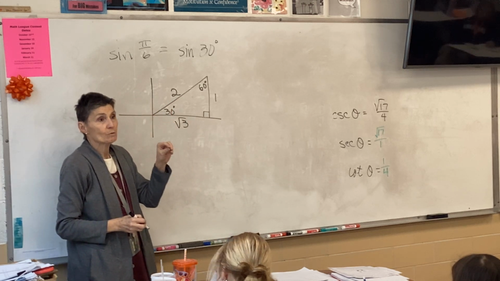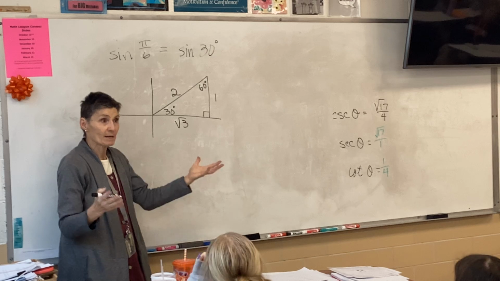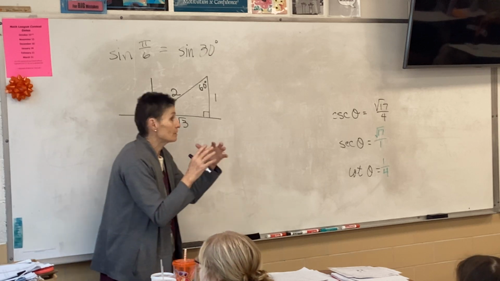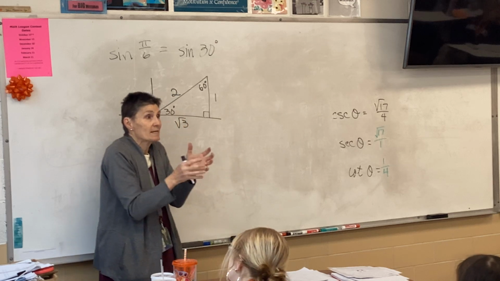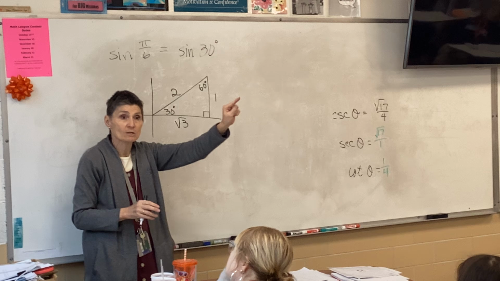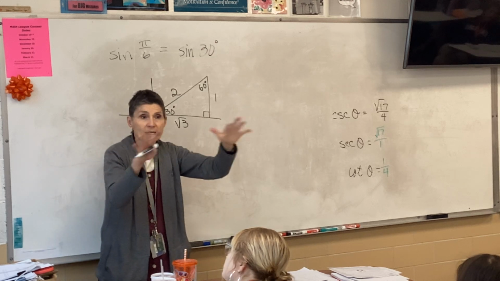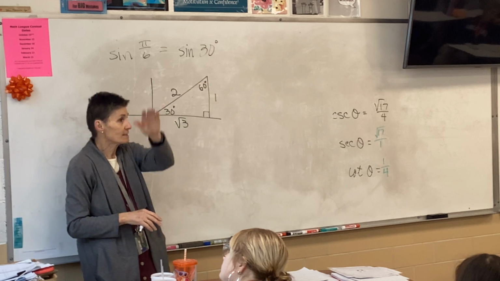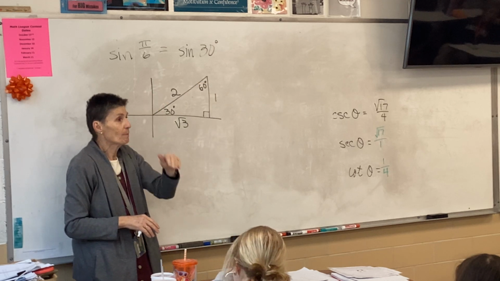Those are the ratios you learned in geometry, but I know that's been a while and you probably forgot. But those numbers are facts. That isn't going to change. You're going to memorize that across from the 30 is 1. Wherever the 30 is in the picture, across from it is 1. Across from the 60 is root 3, and the hypotenuse is 2.